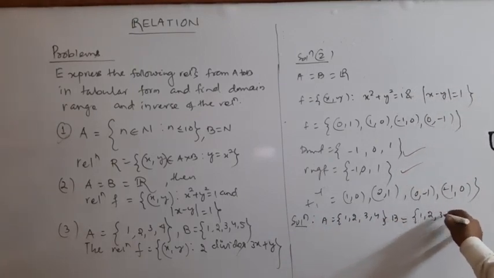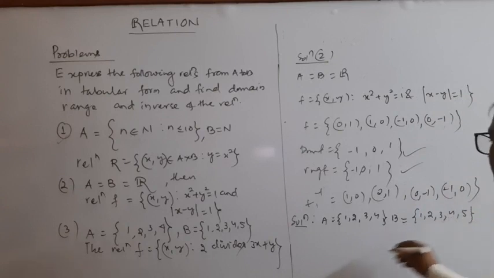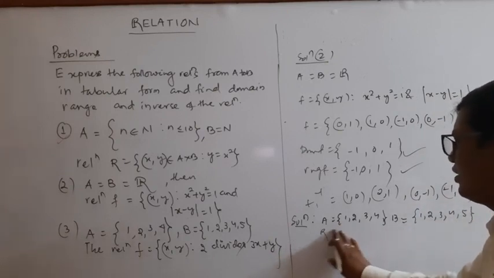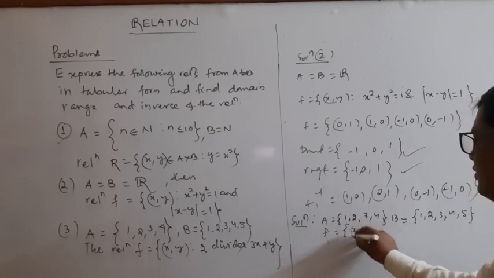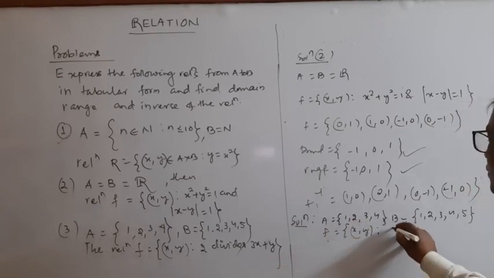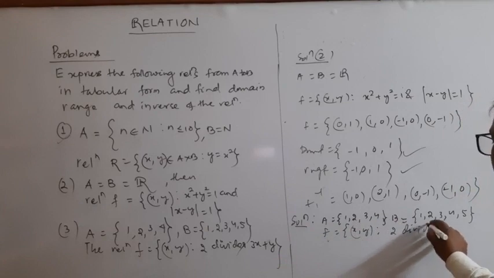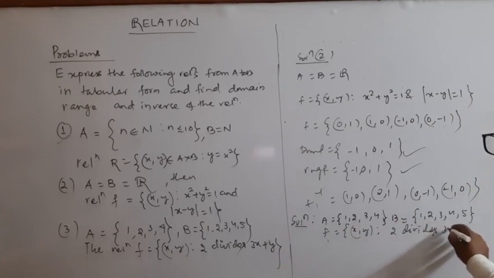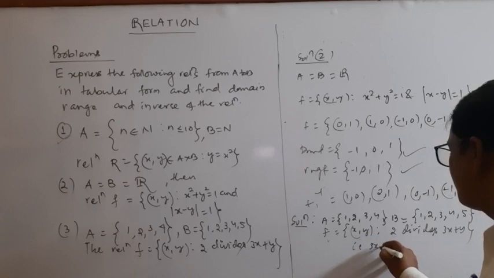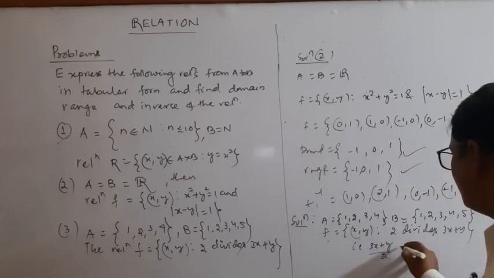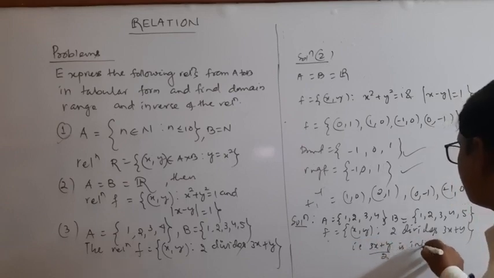R is the relation f equal to {(x, y) such that 2 divides 3x plus y}. Its meaning is that 3x plus y divided by 2 is an integer.